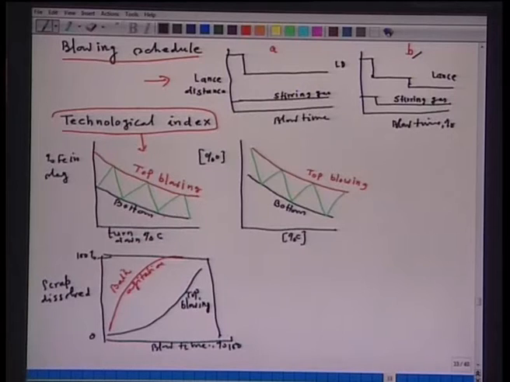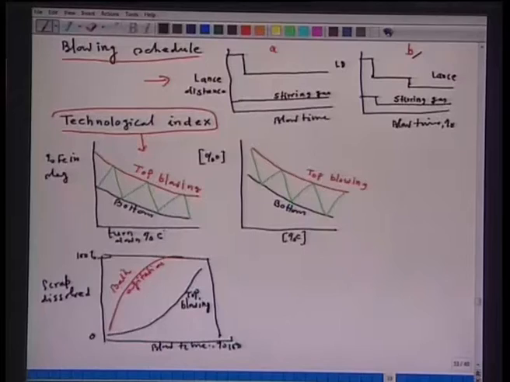Remember, for pure bottom blowing, because of the intimate reaction between carbon and oxygen in the bath, for any turn down carbon content of the bath, the iron content of the slag is lower. The green portion is for the operation of top plus bottom blowing. The turn down percent iron in slag is lower than top, but could be a little higher than bottom for almost all top and bottom blowing processes.